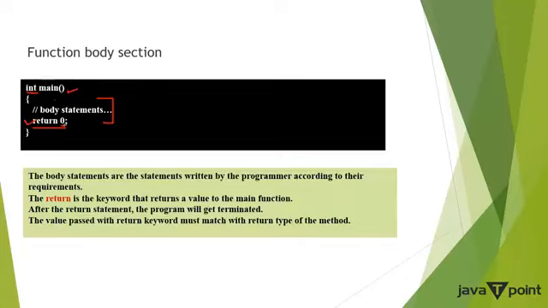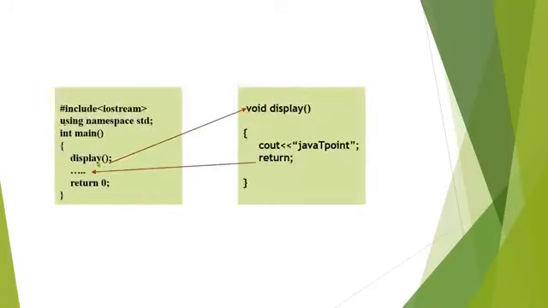So let's understand this return statement through a very simple example. We have created a main function in which we are calling a display function, which is a user-defined function. When we call the display function, the control moves to that user-defined function. Then all the statements of this function will be executed.